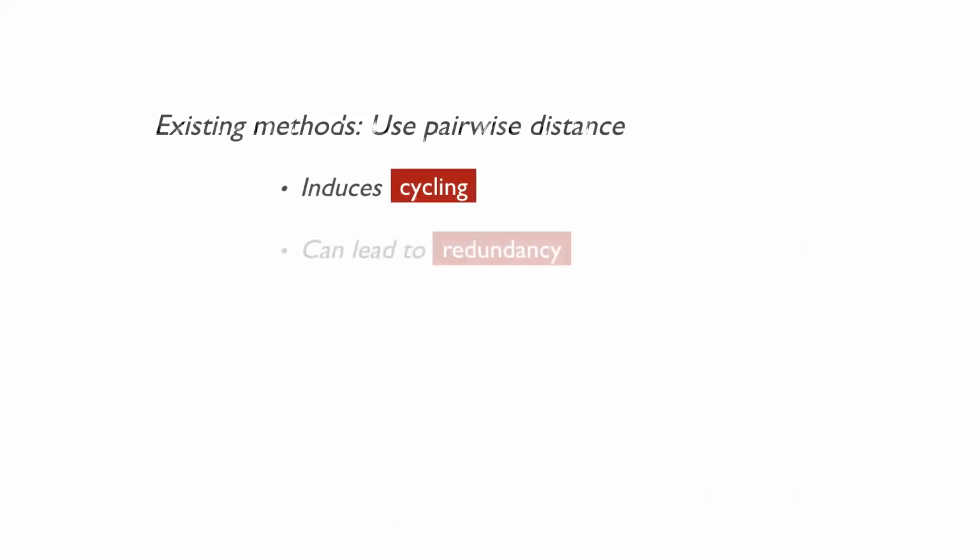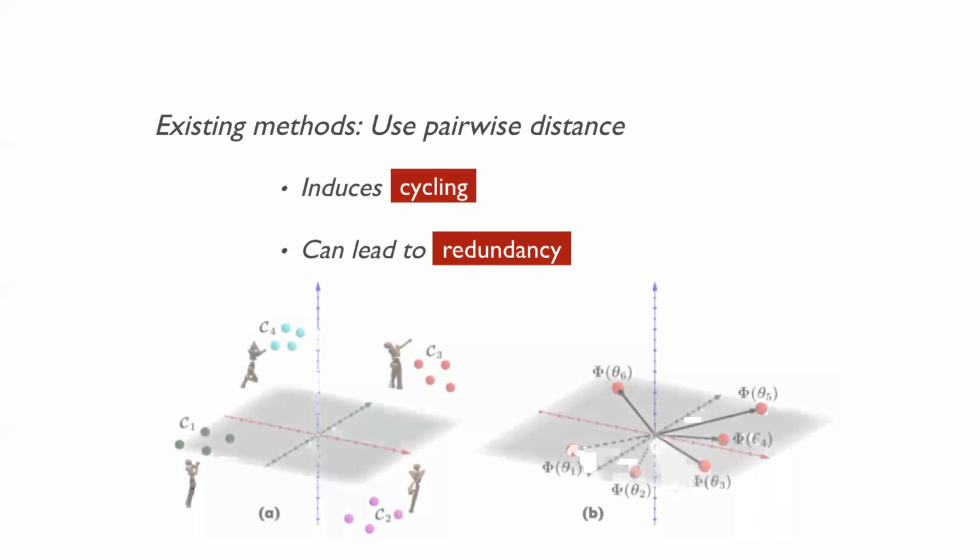First, the existing methods that encourage that. The problem here is the following. We have a population of agents. We want to have all of these agents trained on a single task, but try to get different solutions for the same task, or perhaps solve the task better by having multiple agents trying to solve it at the same time. Some of the methods that exist encourage diversity by using some kind of pairwise distance between the agents' behavior. Now the problem of this kind of approach is that this may induce cycling or lead to some redundancy.